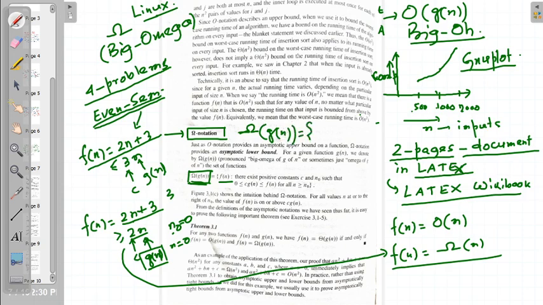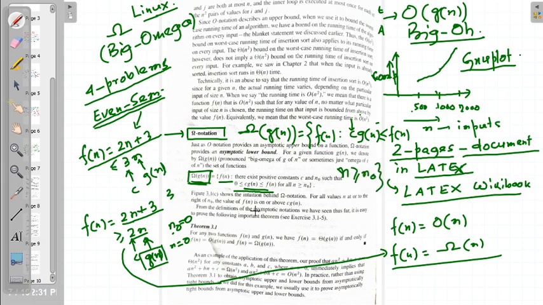So omega of g(n) is equal to the set of functions f(n) such that this condition is satisfied: 0 less than or equal to c g(n) less than or equal to f(n). Here we have seen that f(n) is greater than or equal to c g(n), that means c g(n) is less than or equal to f(n), for some positive constant c and for all n greater than or equal to n naught.